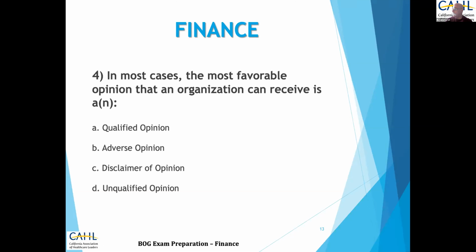So let's look at the language. Qualified. Well, hopefully the auditor is qualified, but a qualified statement means there's something that they're not going all the way. They're qualifying it. Adverse, of course, sounds bad, so we throw that one out. If they're totally disclaiming it, that's not a good sign either. So unqualified by process of elimination, even if you don't know the specifics, I would go with the A.